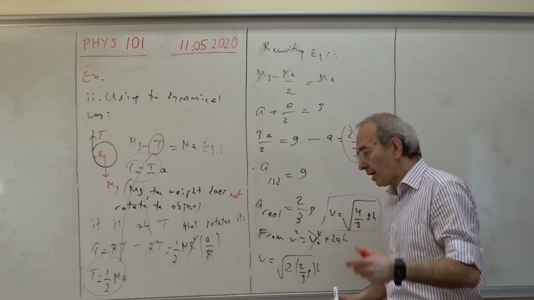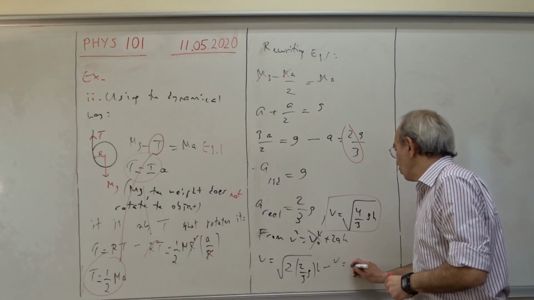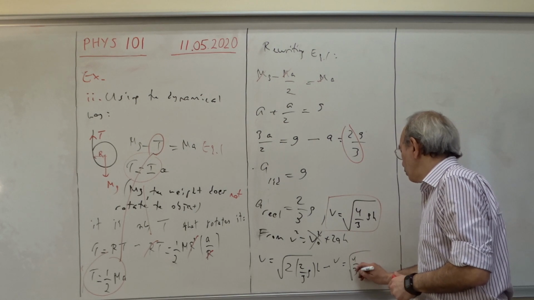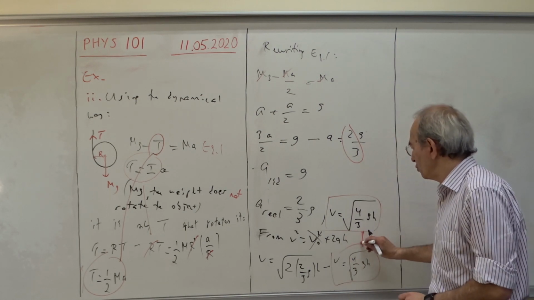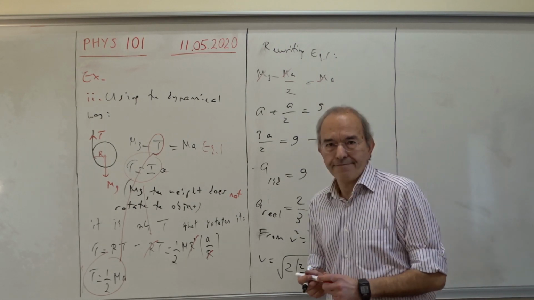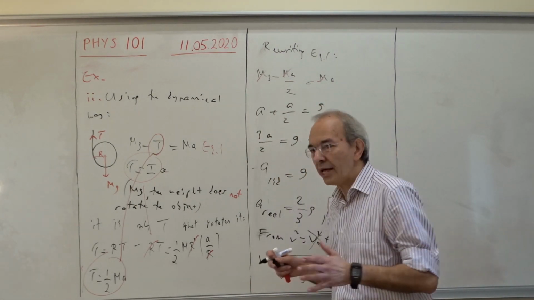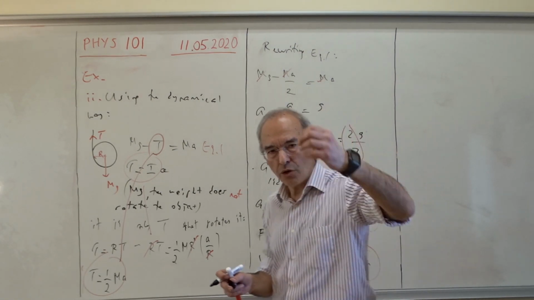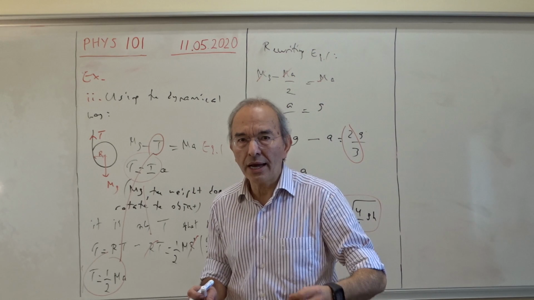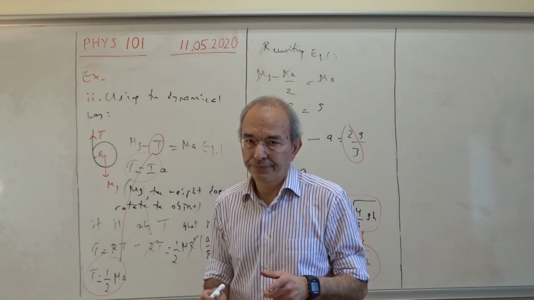As we compare, they are the same. So these two results, as you see, of course are the same. And again we explained why it is the object falling directly down without any rotation that is faster.